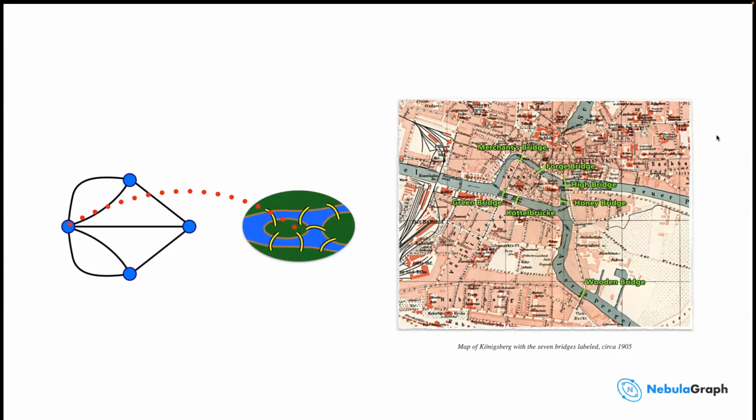People were asking whether there is a traversal pattern that lets us walk through all the lands without repeating a walk on any bridge. When dealing with this problem, we finally abstract the bridges into connections and the lands into a dot, or a vertex or node. This is the ultimate form of this problem in math.